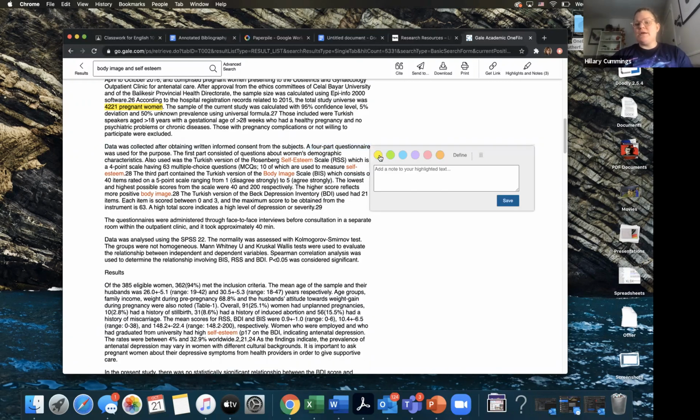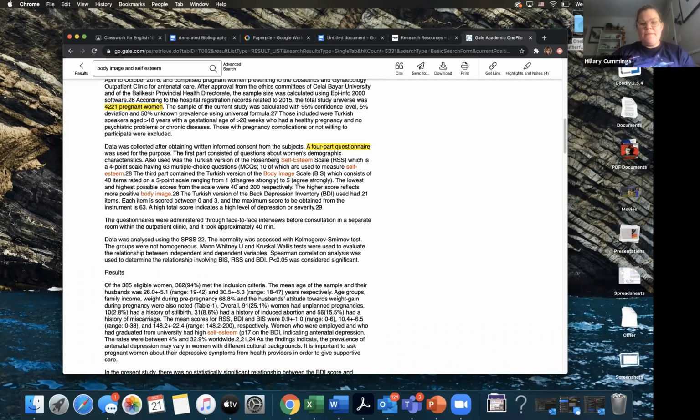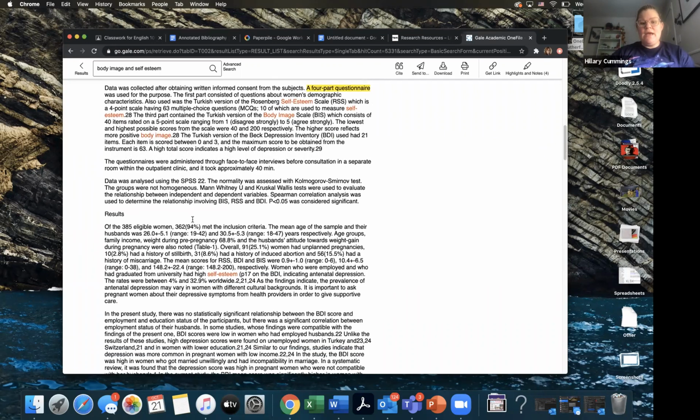So I would be working to summarize all of this into one summary sentence. So in a study that was conducted in October 2016, we looked at 4,221 pregnant women through a 4-part questionnaire that asked questions about demographics, self-esteem, body image, and then the method.